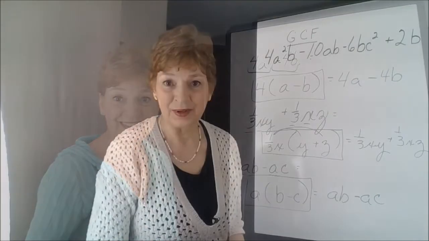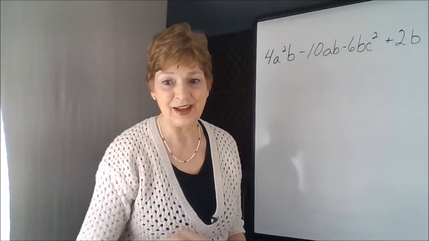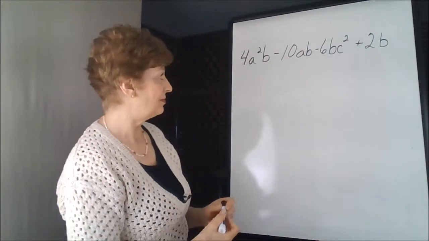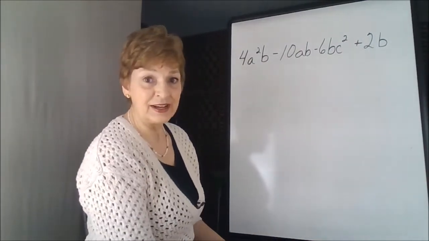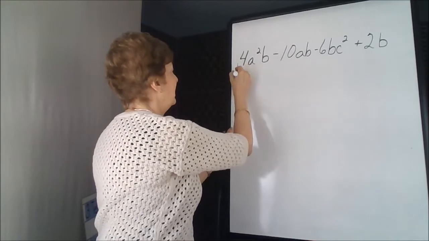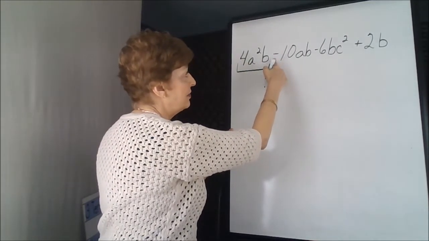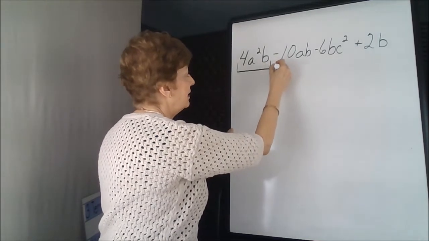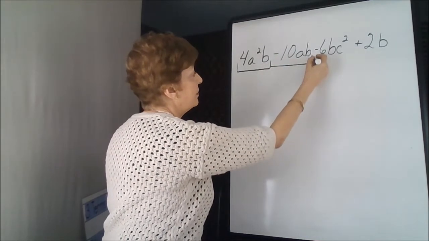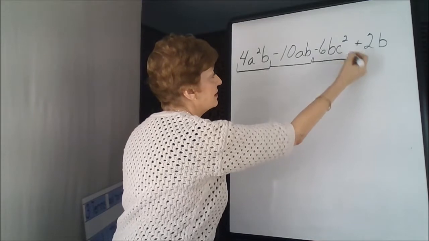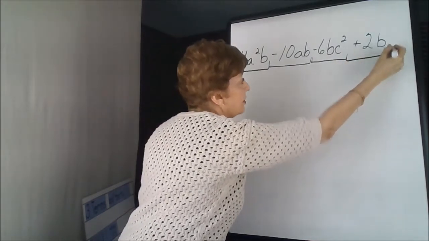Here's another example of taking out the greatest common factor. We're going to need to find our terms. One term begins with a positive or negative sign. So we've got 4 terms in this polynomial.